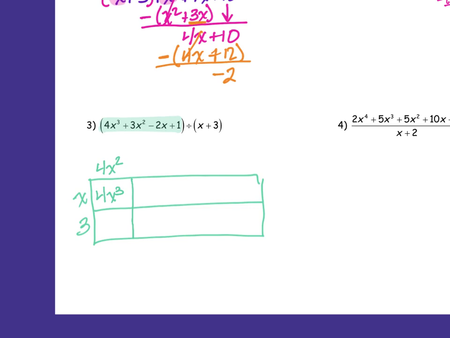So now I should probably change colors. I'm going to fill in this bottom box here. So 3 times 4x squared is 12x squared. I know what my x squared term is; it ended up being 3x squared. So what do I have to add to 12x squared to get 3x squared?